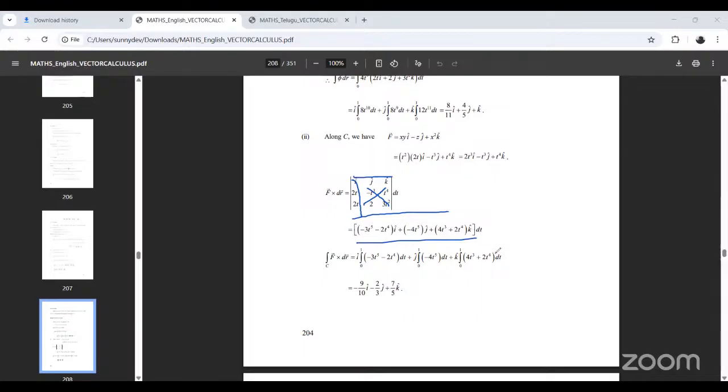You know how to find that cross product. Okay, so this is F cross dr. After that, we have to apply the formulas of integration and apply the limits. So minus 9 by 10 i, minus 2 by j, plus 7 by k after the limits.